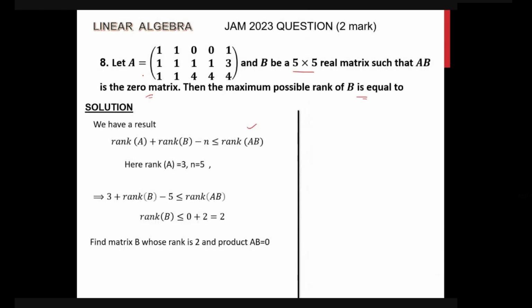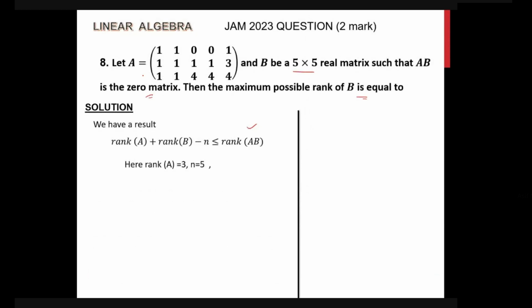You can find rank of A by using the row echelon form. I'm not doing that here, but you can easily find that rank of A equals 3 if you find the row echelon form.